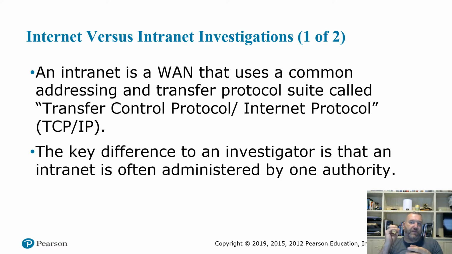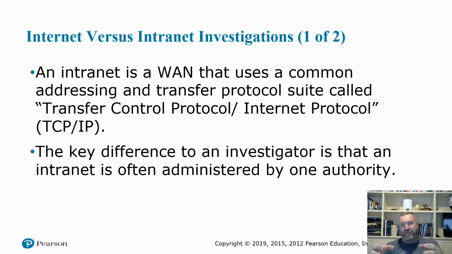An intranet is basically your local access network. The intranet is not the internet. You're still going to be using TCP/IP, communicating across the normal protocol, but you may not have the authority to investigate once it leaves your border. You might be on Cox cable, for example, or Spectrum cable, and you're all on a Class C network.